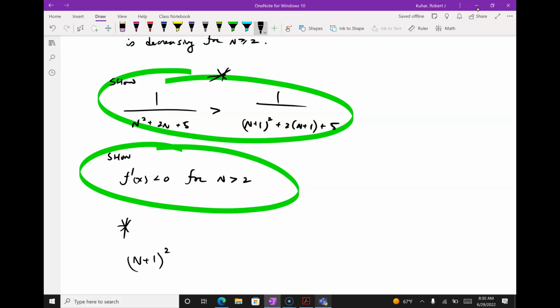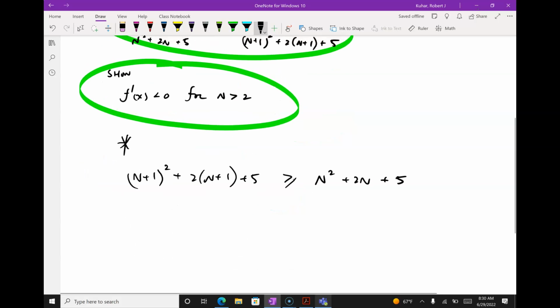So I'm going to cross multiply, right? Should be greater than, sorry.